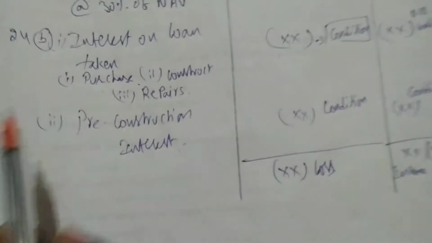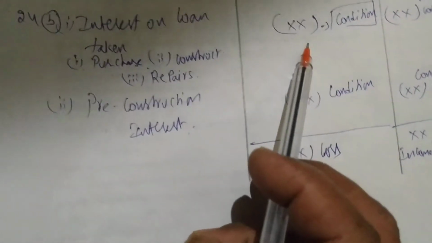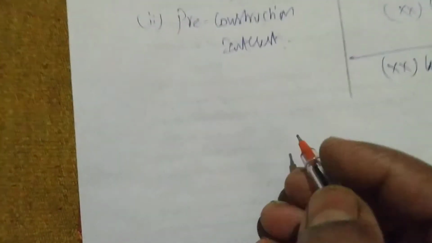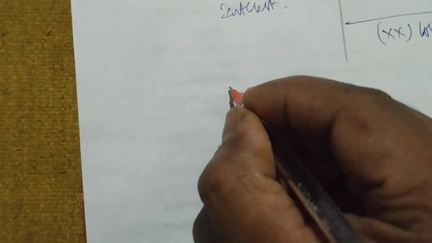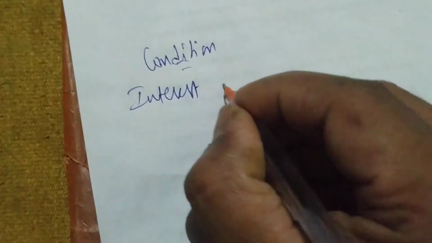Okay, let us move further and we'll try to understand what the conditions are for interest on loan taken to purchase, construct or repair the house. See, first I am writing here. Interest condition. Interest on loan taken.